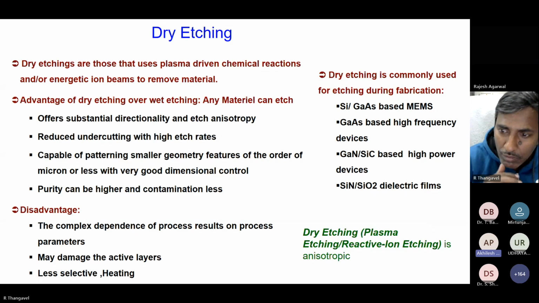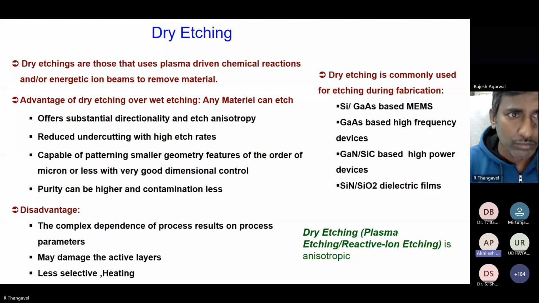Dry etching is commonly used during fabrication of silicon, gallium arsenide based high frequency devices, gallium nitride and silicon carbide based high power devices, and silicon nitride and SiO2 dielectric films. In dry etching, plasma etching or reactive ion etching can be used, which is anisotropic.